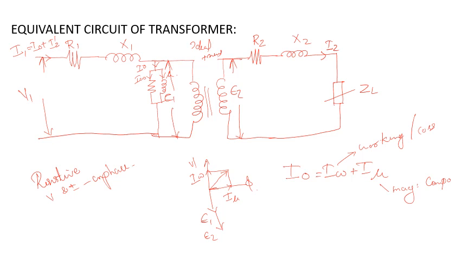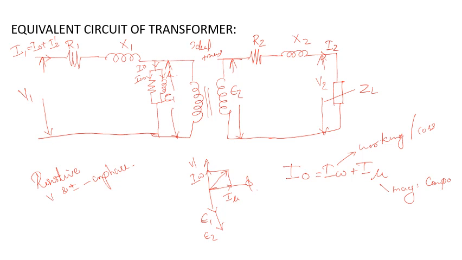It is slightly complicated to represent all these things like this. So we have to reduce the equivalent circuit by considering all these things. I forgot to draw V2. V2 is nothing but the voltage appearing across the load, or the secondary terminal voltage V2.